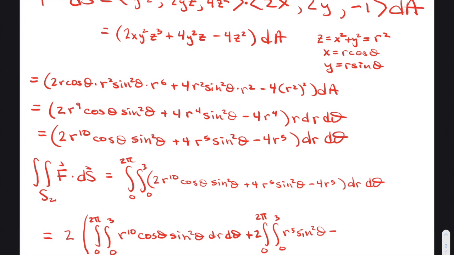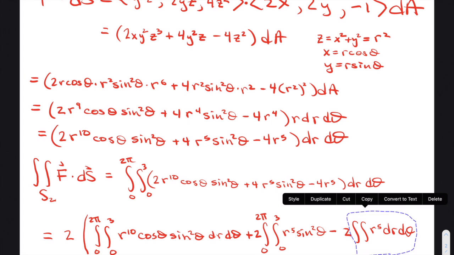And then minus another double integral. Oh, this will have a 2 up front also, so I can catch that. 2 double integral of r to the 5th dr d theta. Looks like I forgot that on the prior, so let me get some of these things straightened out here.